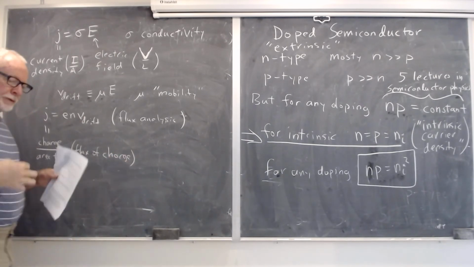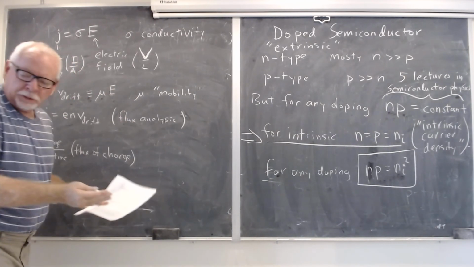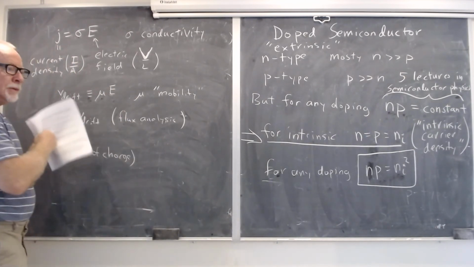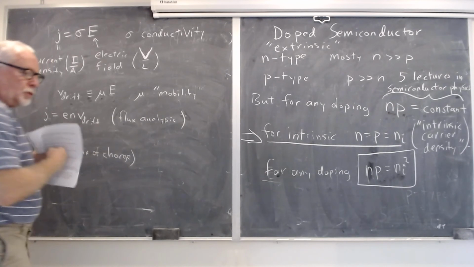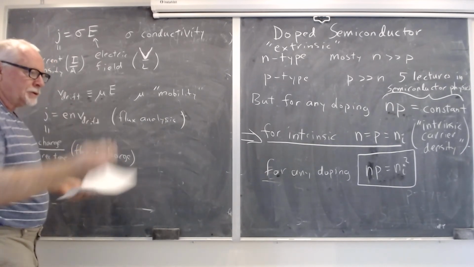That is, if you looked in a three-dimensional situation and you made a plane, it would be the quantity of charge passing through a certain area plane in an amount of time.